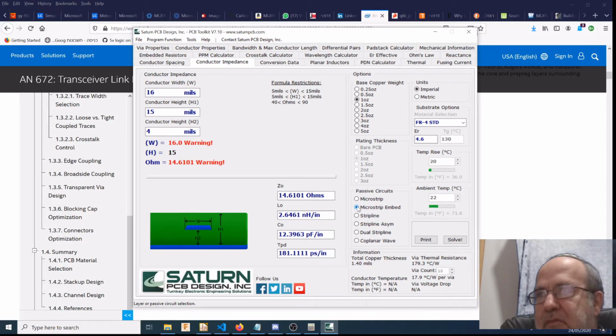Let's take the connector width down to 10.